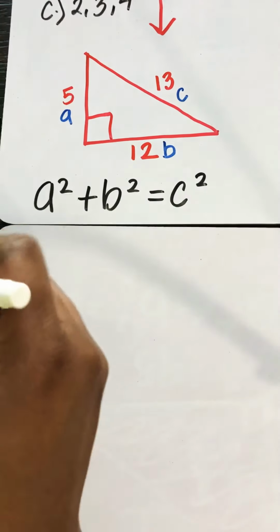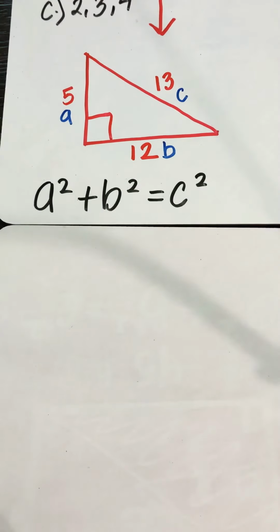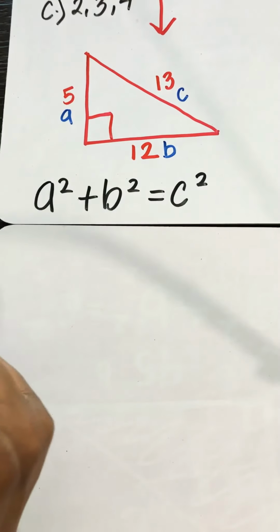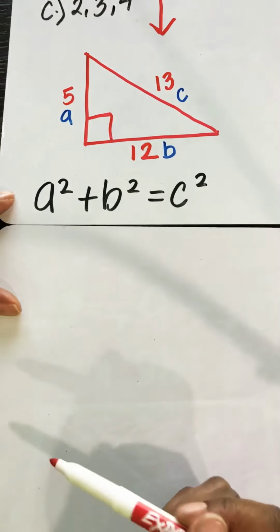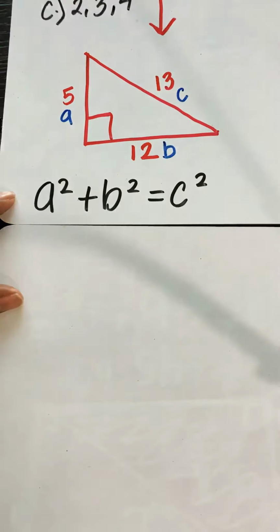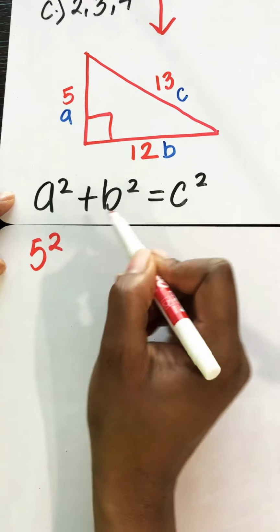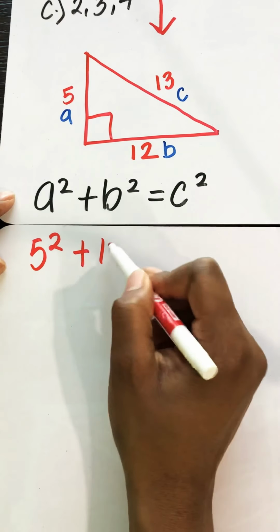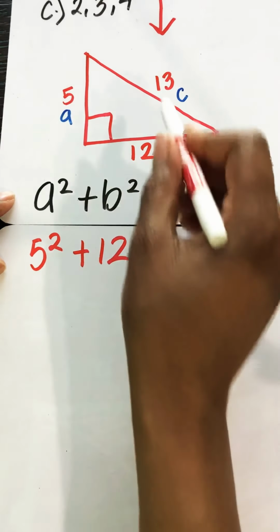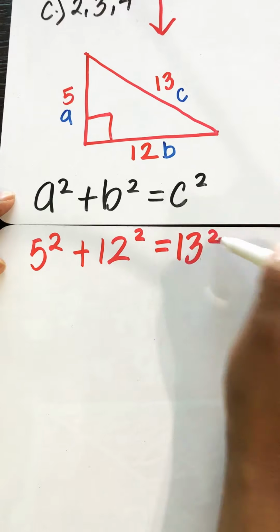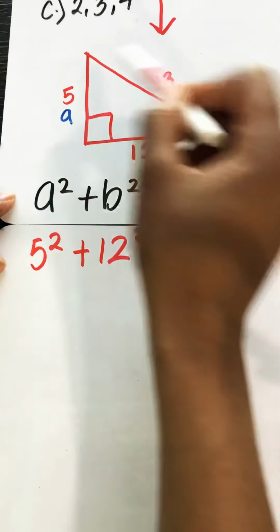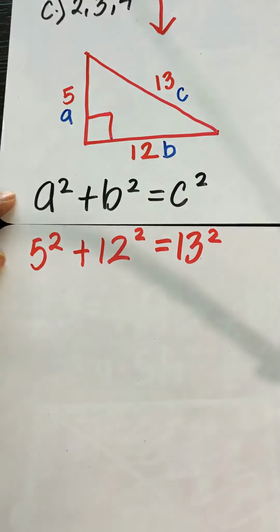So we want to take our a and square it, take our b and square it, and then take our c and square it. If we start with our a, that would be 5 squared. Our b is 12 squared. And then our c is 13 squared. So all we've done is take our values and plug them into the Pythagorean theorem.